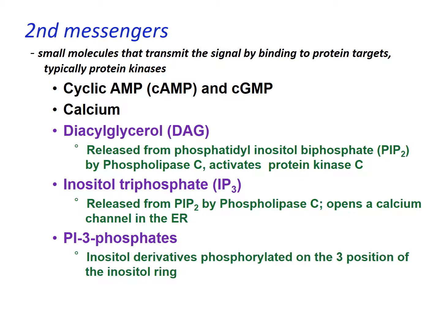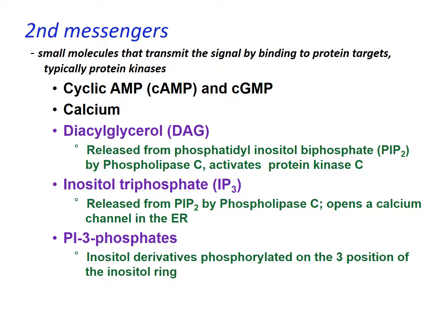Here's our DAG, diacylglycerol, and that activates protein kinase C. So DAG activates protein kinase C. A protein kinase is an enzyme that phosphorylates targets. So this activates a kinase that then activates its targets. And eventually you're getting probably turning genes on or turning genes off, right?